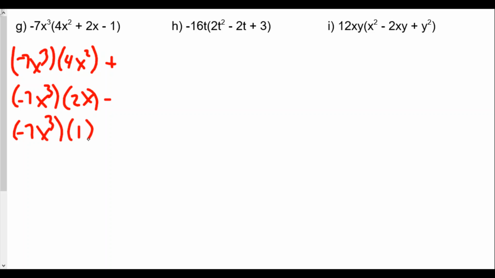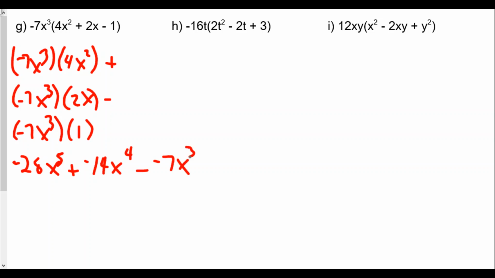And so we have negative 7 times 4, and we end up getting negative 28x to the fifth plus negative 7x to the third times 2x gives us negative 14x to the fourth minus, and negative 7x cubed times 1 is just negative 7x cubed.